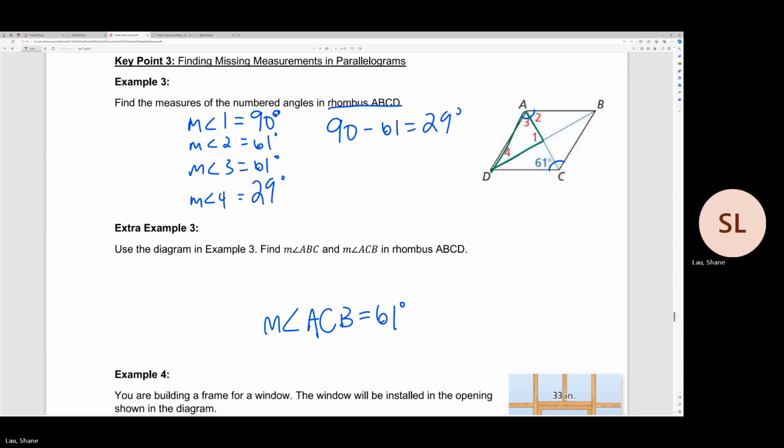There are really two ways to go about it. I'll show you the longer way, but it's not entirely necessary. The longer way to explain it is, again, take out those diagonals.